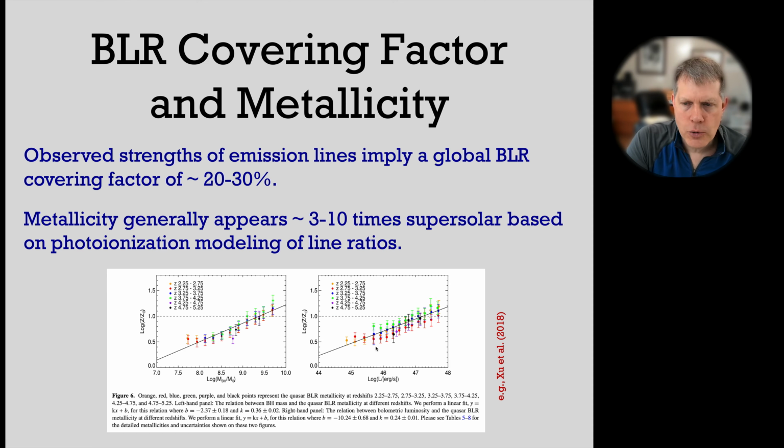And that's what's being shown down here in these plots, for example, where here again you have metallicity, in this case shown versus black hole mass and versus luminosity. And you can see there's interesting correlations with these quantities, but leaving those aside, just broadly speaking, you can see, given that this is a logarithmic quantity, the metallicities are around 3 times down here and perhaps up to somewhat more than 10 times solar.